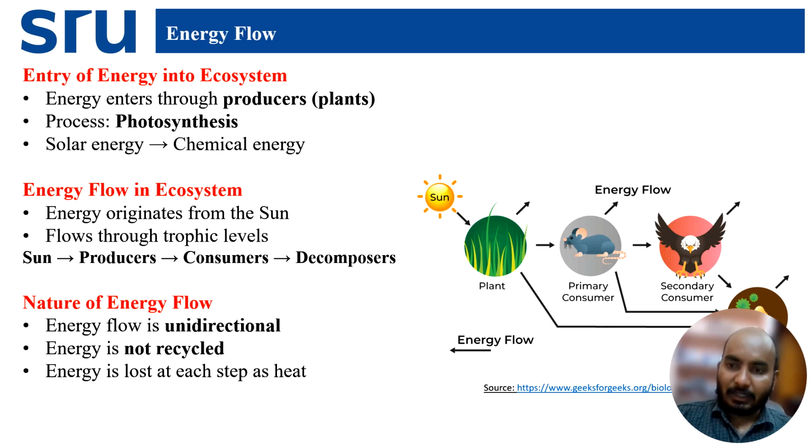At each trophic level there is a loss of energy. So you can see the nature of energy flow: it is unidirectional, not recycled, and energy is lost at each step in the trophic levels.